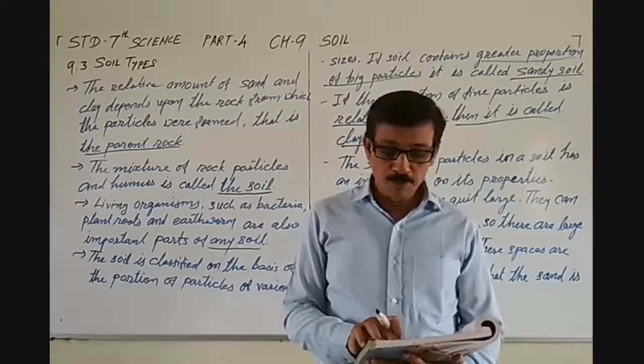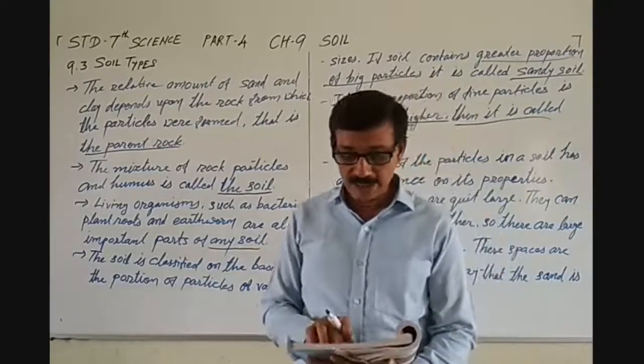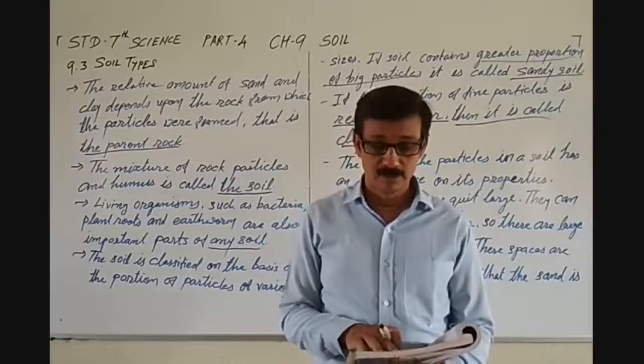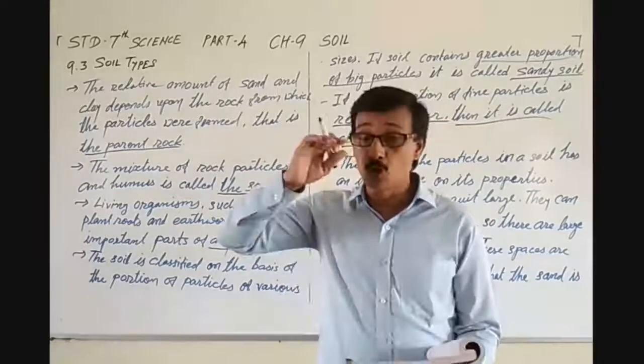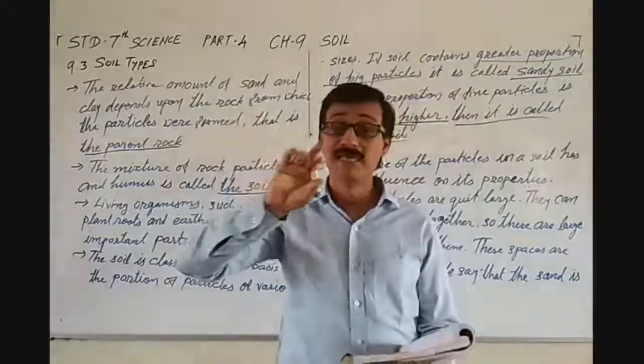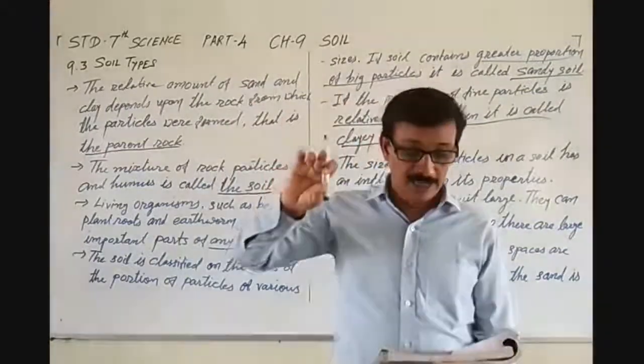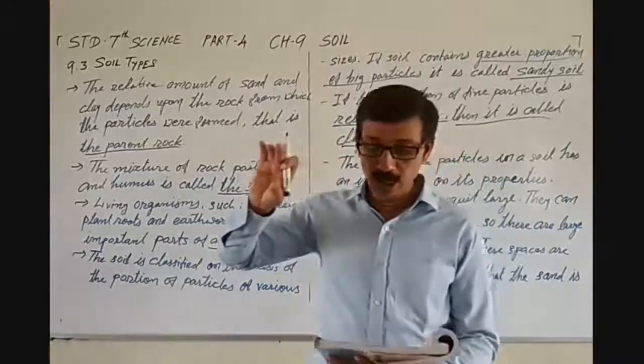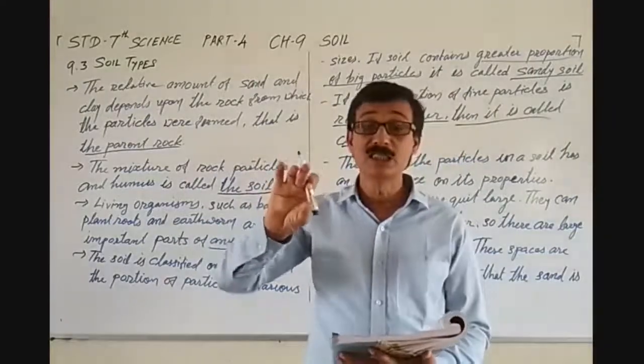The best topsoil for growing plants is loam. The best topsoil, the upper layer, or we can say a horizon.